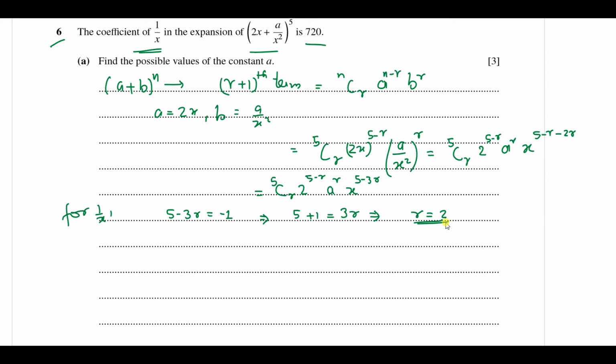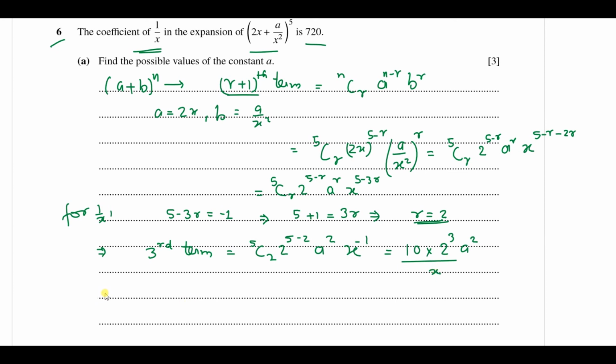R is 2. So this implies the third term is 5C2 2 raised to the power 5 minus 2, a raised to the power 2 and x raised to the power minus 1. We know that 5C2 is 5 factorial upon 2 factorial into 3 factorial, and hence it is 10. So 10 into 2 cubed a squared upon x.